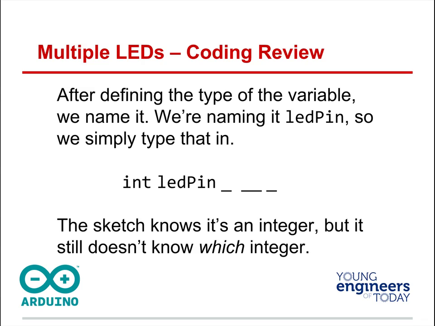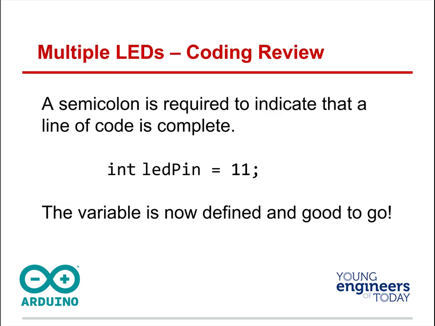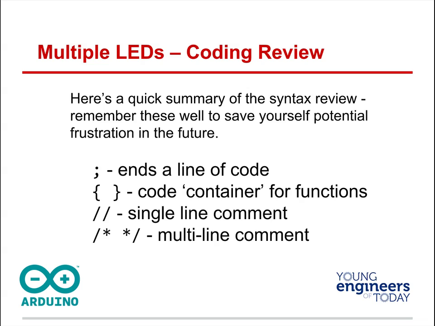We've told it that it's an integer, and we're saying, assign 11 to it. But we've got to add one more thing: a semicolon. Good to go. Put this at the ends of lines of code, these containers for functions, and single and multi-line comments.